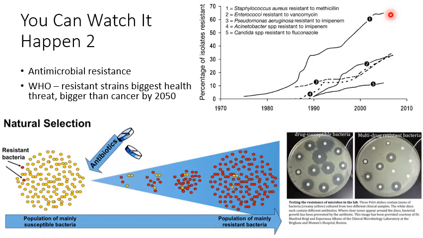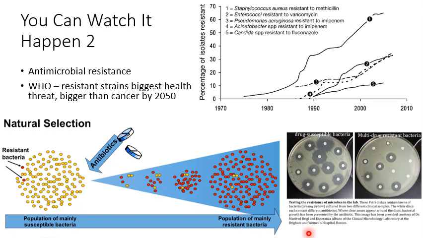They were resistant to methicillin. So now that most Staph aureus is resistant to methicillin, we have switched to using vancomycin for it instead. But now, of course, we're starting to see strains of MRSA that are also resistant to vancomycin.